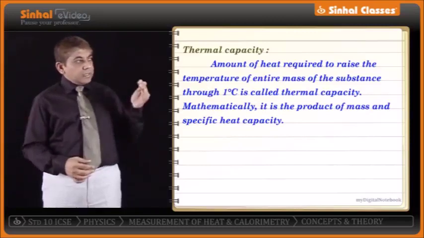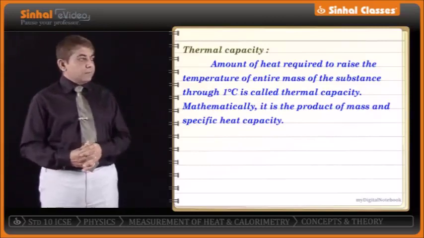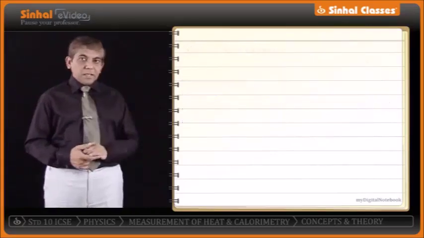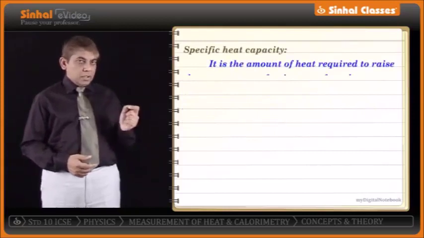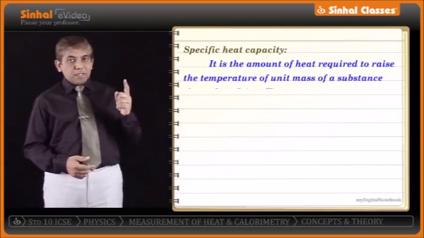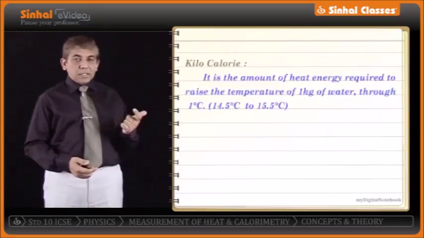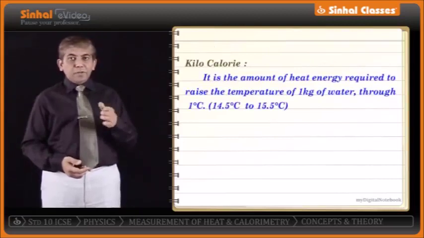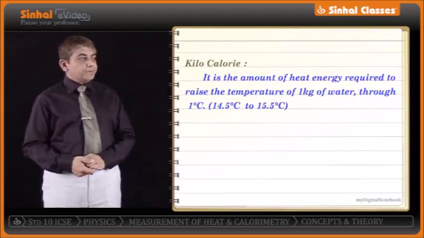However, when we divide this by the total mass, we get the quantity called specific heat capacity. We define specific heat capacity as the amount of heat required to raise the temperature of unit mass of a substance through 1 degree C. To be very specific in this case, we put it as 14.5 degrees C to 15.5 degrees C.